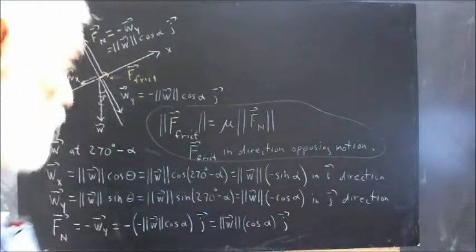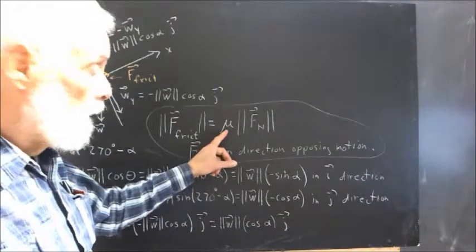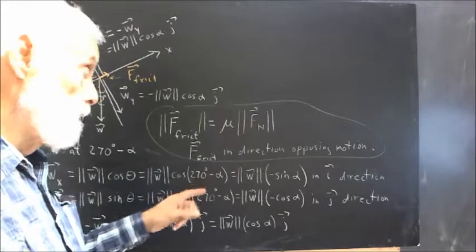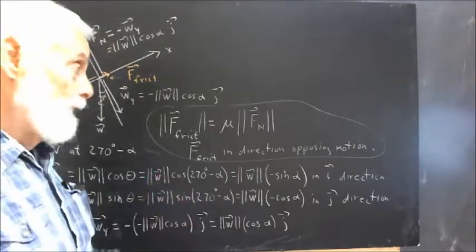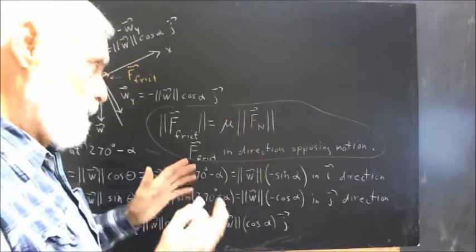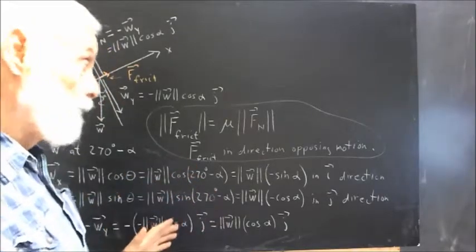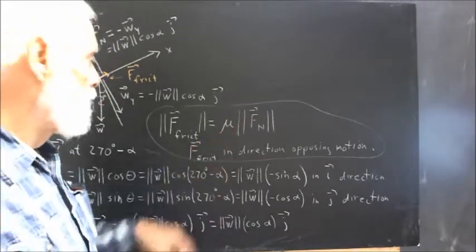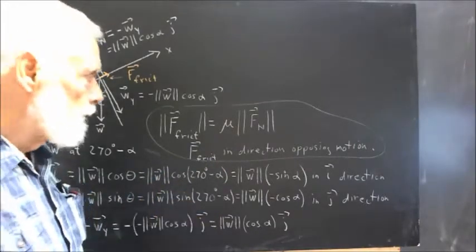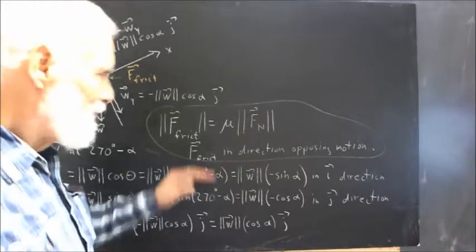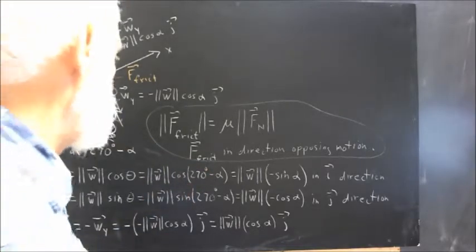Now there's a little more to that. You could have a static coefficient of friction or a kinetic coefficient of friction, depending on whether, as happened in some of our recent experiments, the system just simply locks up and stays where it is. Then you have a static friction, or you have a kinetic friction. And there's another distinction to make.